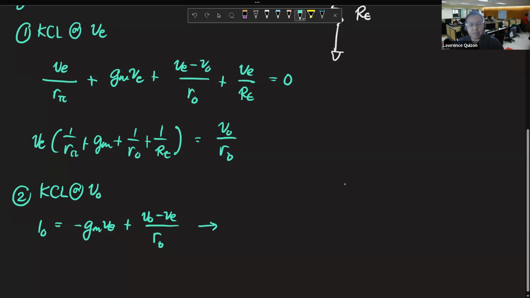All right. Well, first let's clean this thing up. V out over R out minus VE times GM plus 1 over R out.